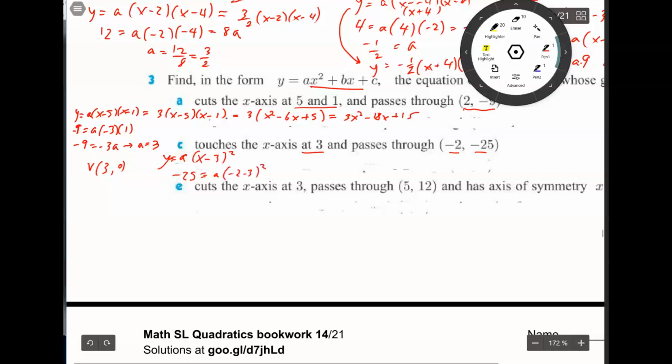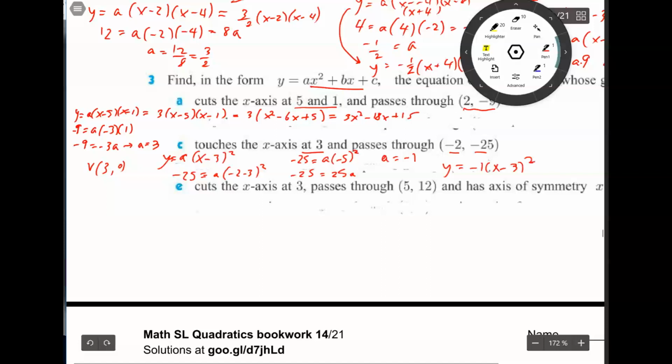And then negative 2 minus 3 would be negative 5 squared. So that will be negative 25 equals 25a. And a is equal to negative 25 divided by 25, which is negative 1. And so that means the rewritten equation is going to be y equals negative 1 times x minus 3 squared.